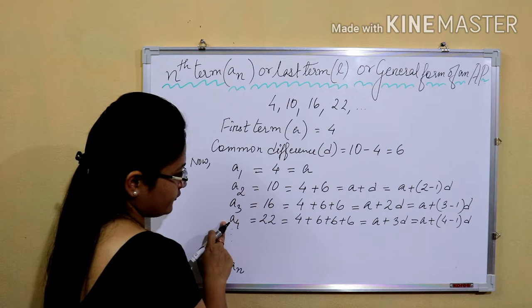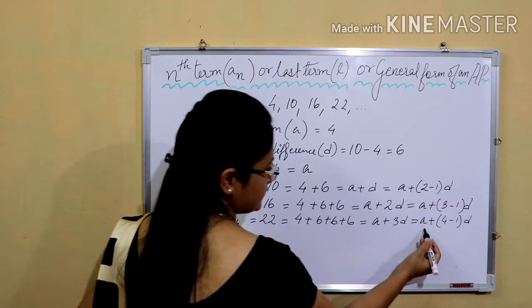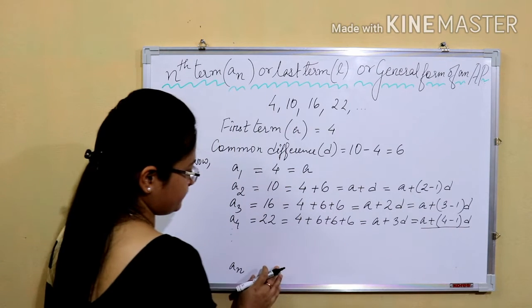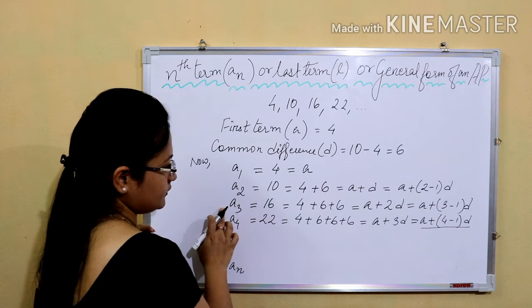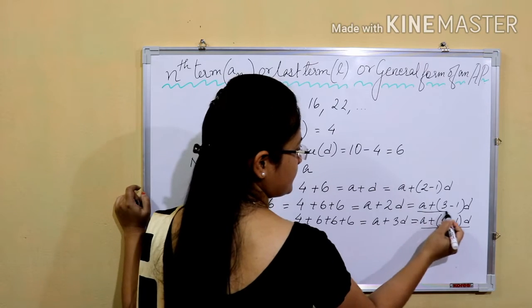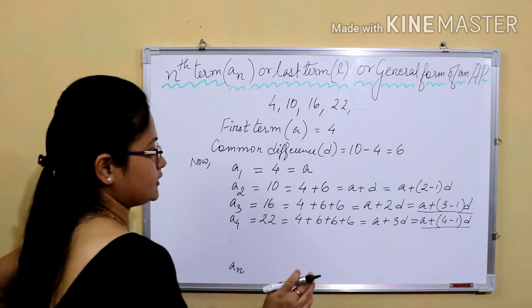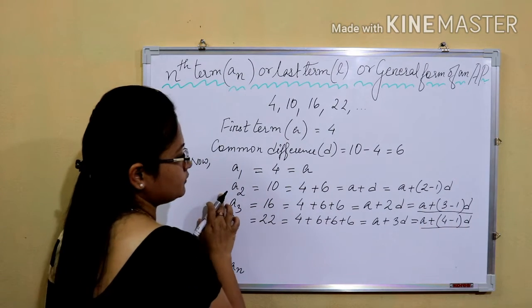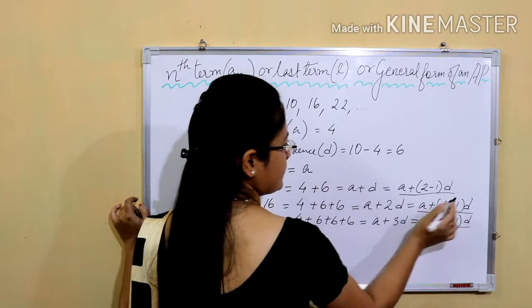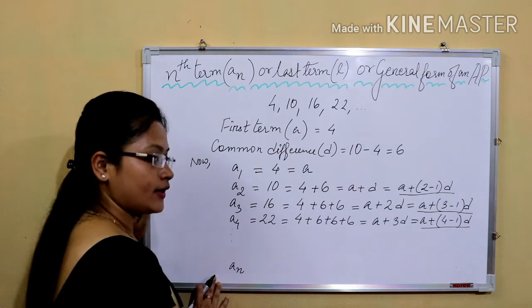So AN, how can it be written? You can see here A4 written as A plus 4 minus 1 D, A3 written as A plus 3 minus 1 D, A2 written as A plus 2 minus 1 D. So how can AN be written?